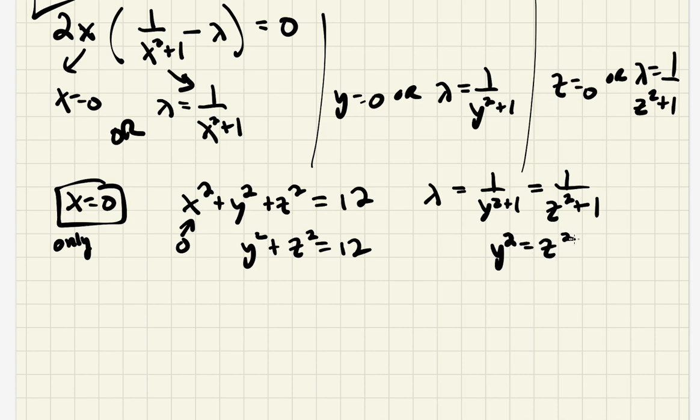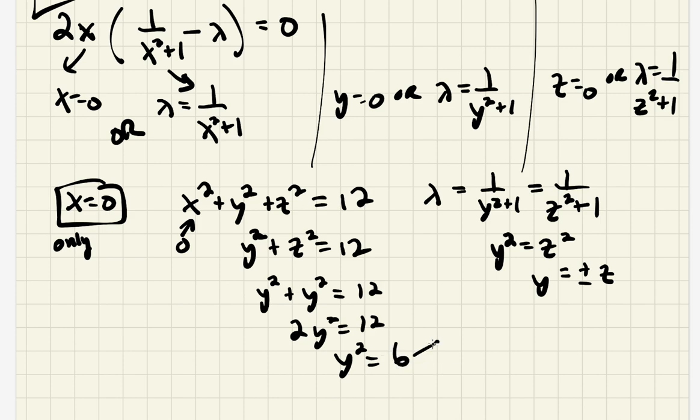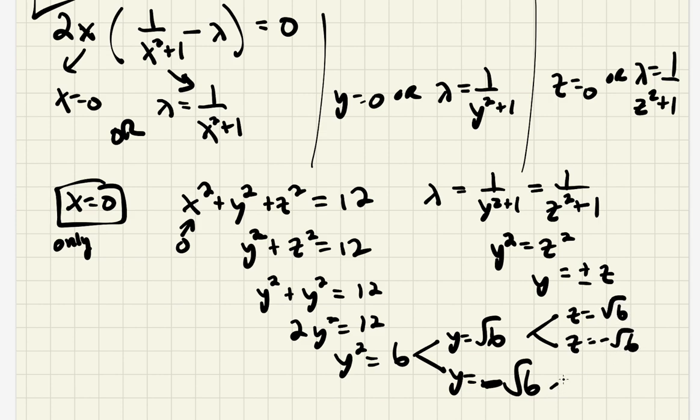Not that y equals z, that's a possibility, but y is plus or minus z. In the constraint, the squares would be equal to each other, so it would be like having y squared plus y squared equal 12, or y squared being equal to 6. So we get two values, square root of 6 or negative square root of 6. And with those two values, there'll be two z values, square root of 6 or negative square root of 6.